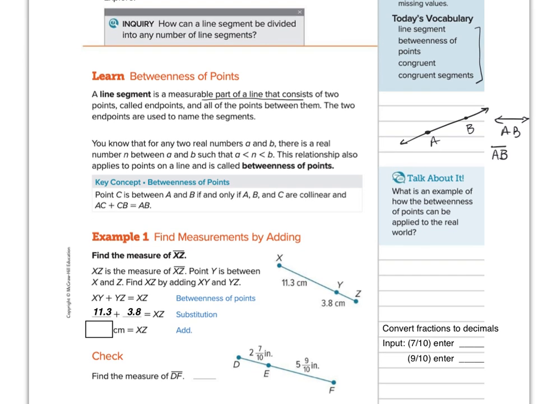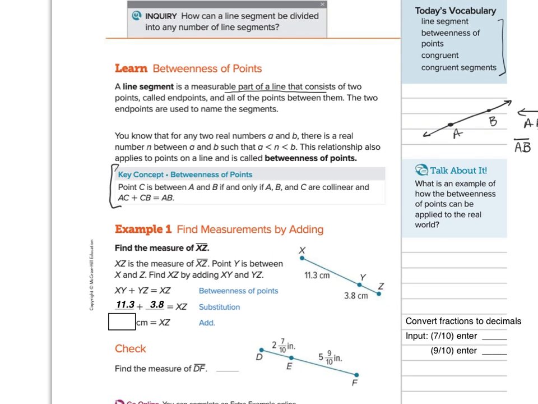Understanding betweenness. This concept of betweenness says point C is between A and B if and only if A, B, and C are collinear. So if they were collinear, that means they all are on that same line.